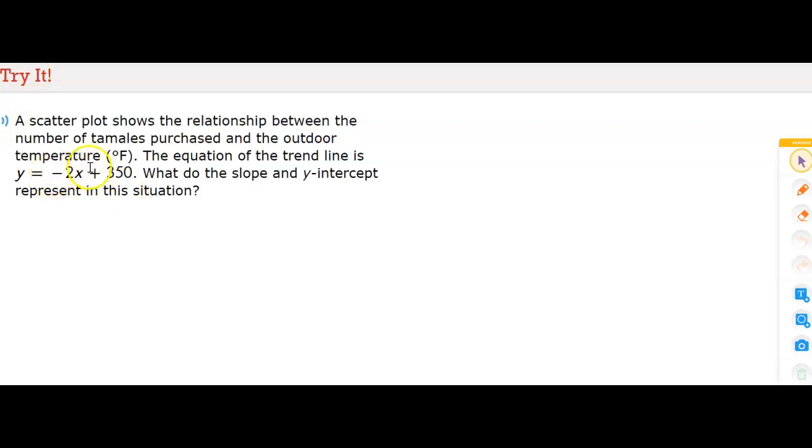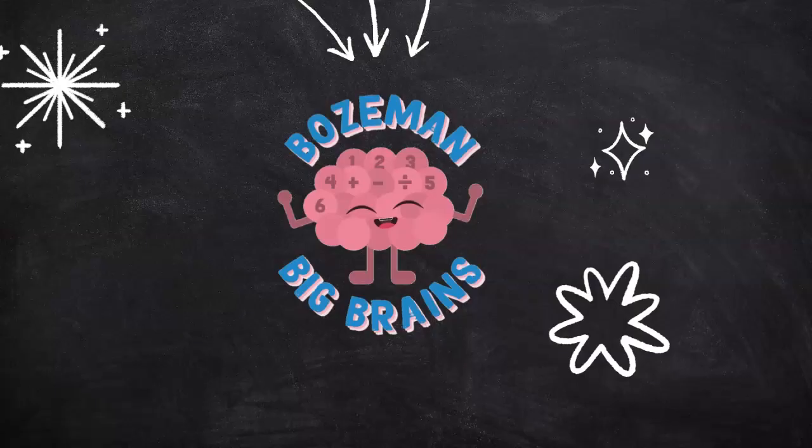The slope, which is -2, represents the decrease in the tamales purchased, by an average of 2 for each 1 degree increase in the temperature. And the 350, which is our y-intercept, represents approximately 350 tamales purchased when the temperature was at 0 degrees.